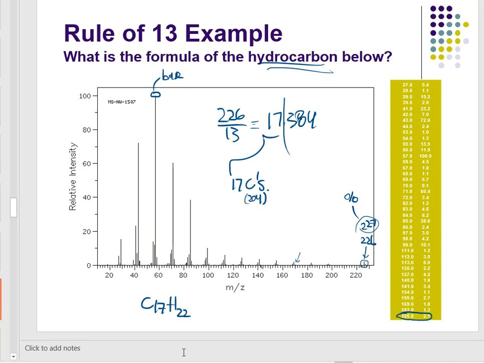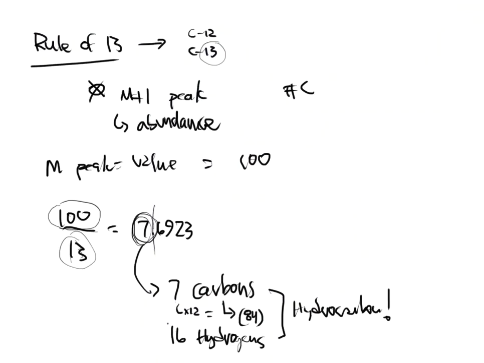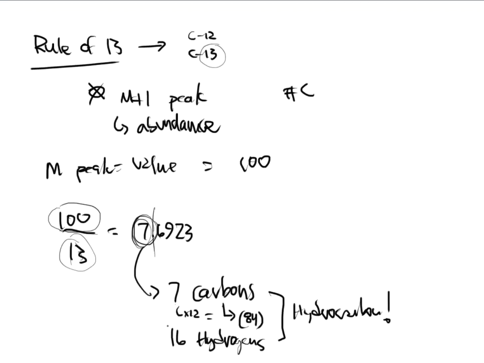But rule of 13 can be used and modified to give me more detail. So what does that mean? Well, that means it just doesn't have to deal with hydrocarbons.